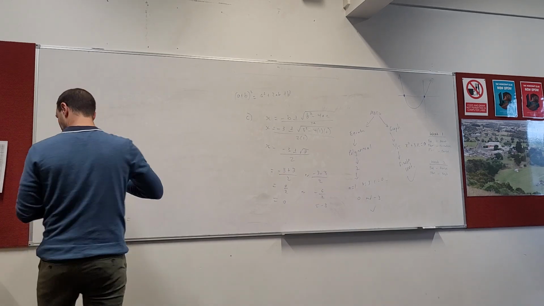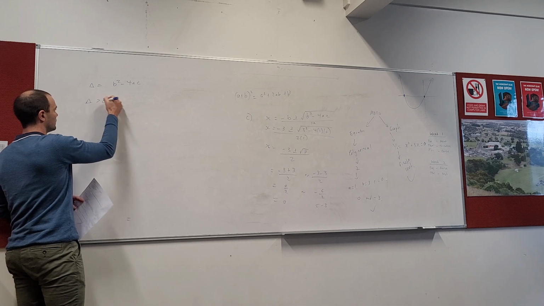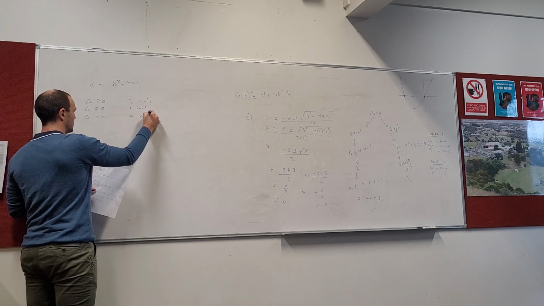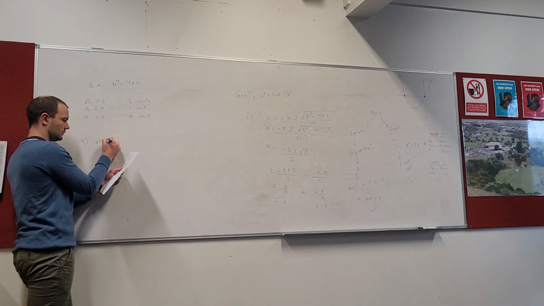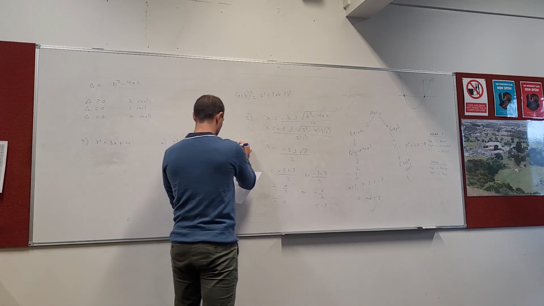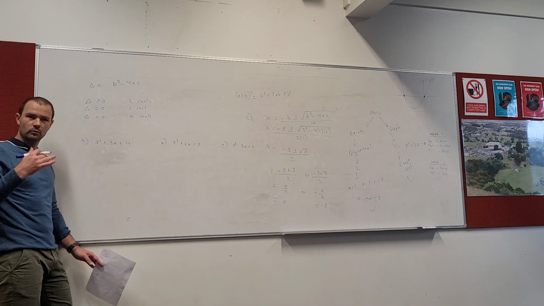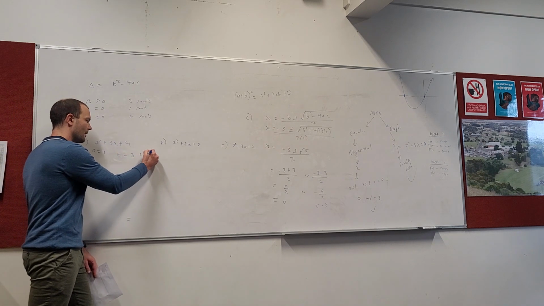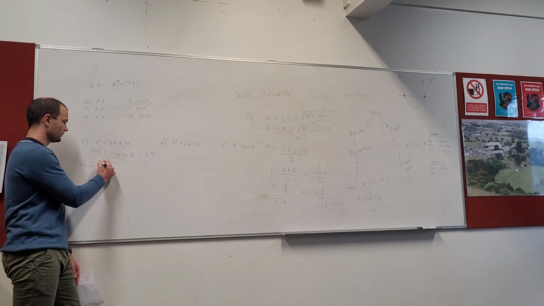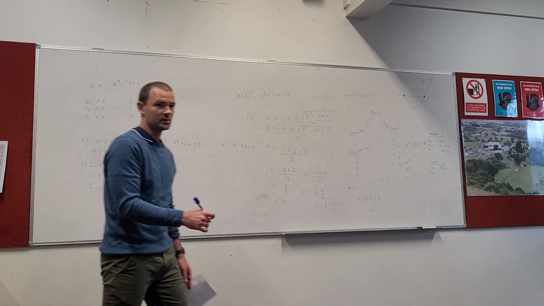So here we have one about the discriminant. In our first circumstance, when we're solving for the discriminant, or using the quadratic formula, we need to know the value of A, the value of B, and the value of C. Then we go delta equals B squared take 4AC, and then it's just evaluating the numbers.